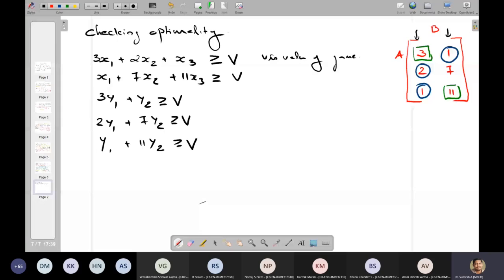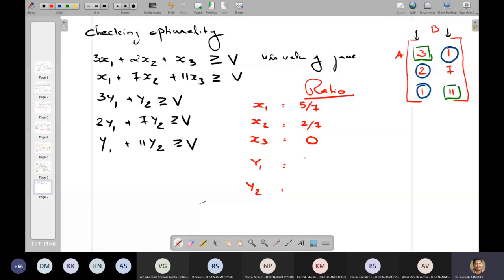Where do we get the values of x1, x2, x3, y1 and y2? You will get them from the row and column ratios. So the x1 value is 5 by 7, x2 is 2 by 7, and there is no x3, so its value is 0.